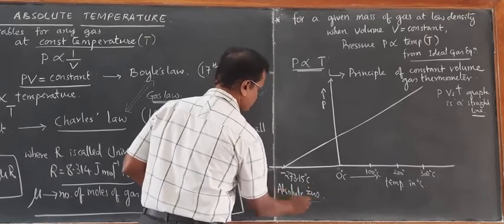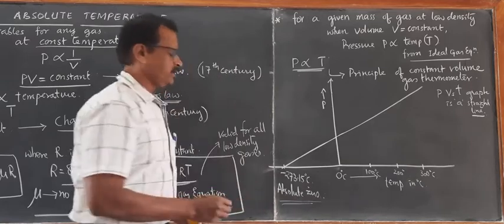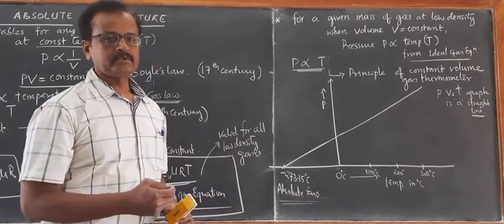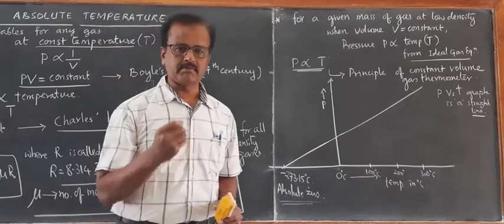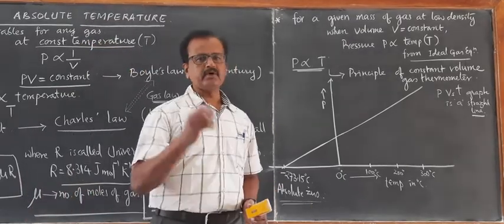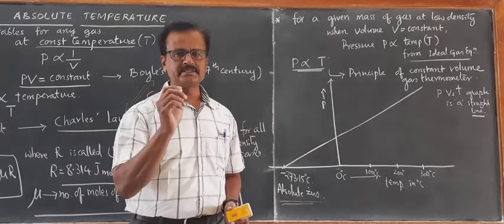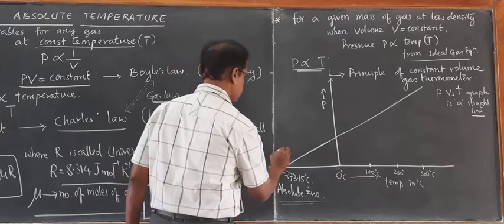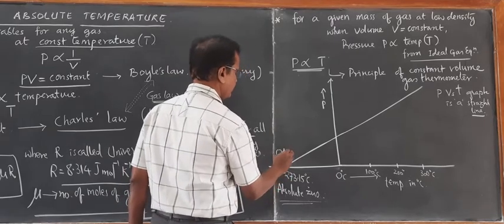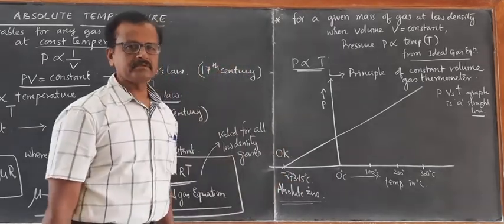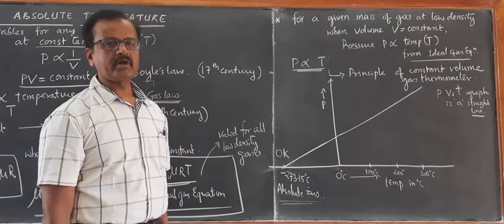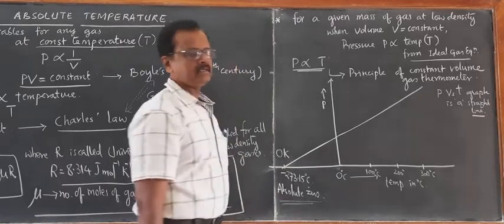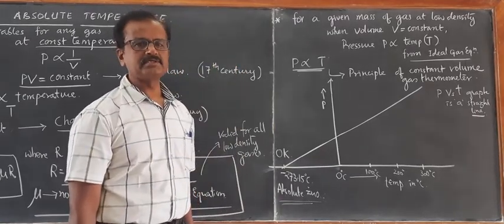And this absolute zero is the foundation for another scale. It is called the Kelvin scale. So in the Kelvin scale of a thermometer, absolute zero is the lowest temperature. It is taken as 0 Kelvin, where K stands for Kelvin, the name of the scientist, Lord Kelvin, an English scientist who designed this temperature scale.